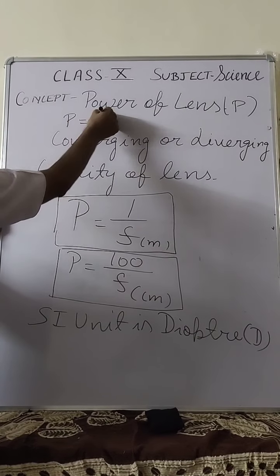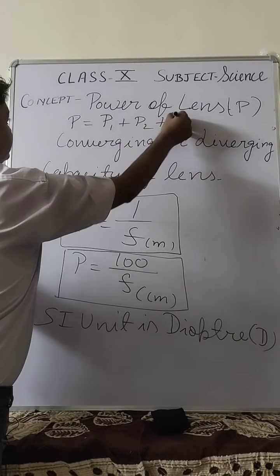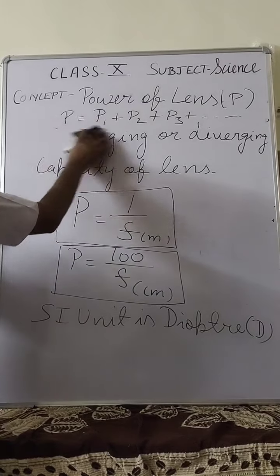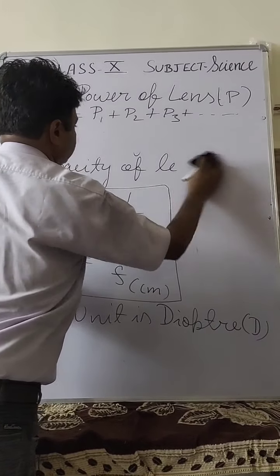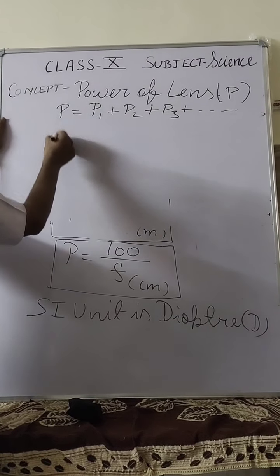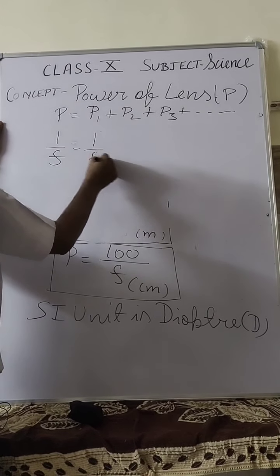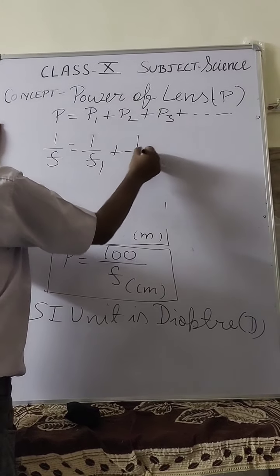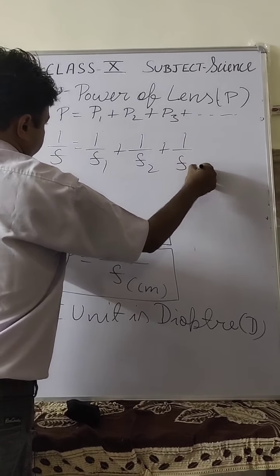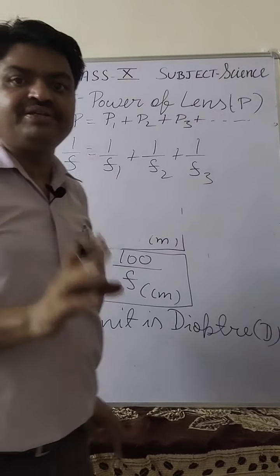P is equal to P1 plus P2 plus P3 and so on. You can also write this in terms of focal lengths: if for P we use 1 upon F, then for P1 we use F1, for P2 we use F2, and for P3 we use F3. So these are the formulas of the power of combination.